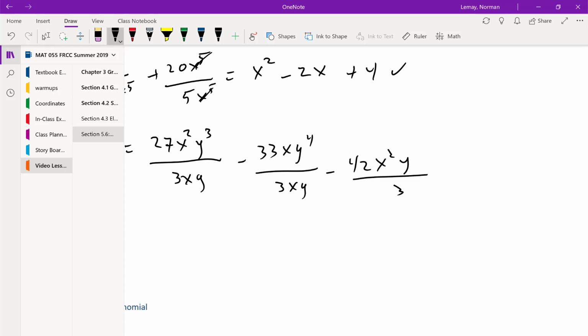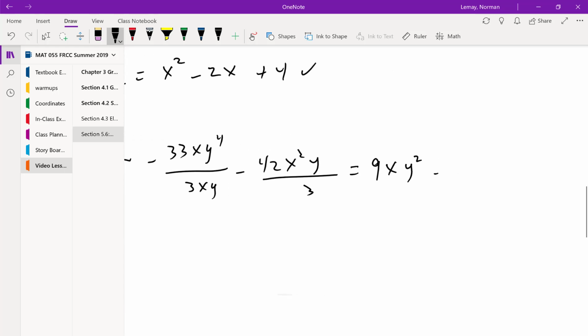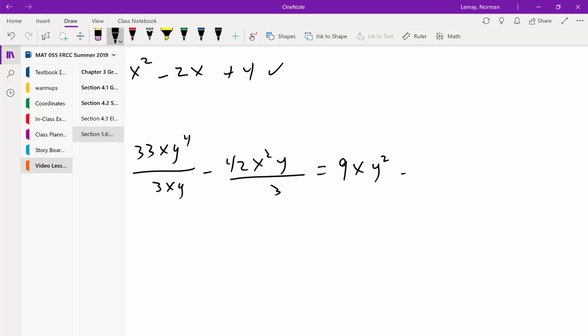So again, 3 goes into 27, so that's going to be a 9. So notice that these powers up here are all bigger than these powers. These are power 1. So 2 minus 1 is 1, so we get an x. 3 minus 1 is 2, so we get a y to the second power, minus, and then notice that 3 goes into 33, so that's going to be an 11.